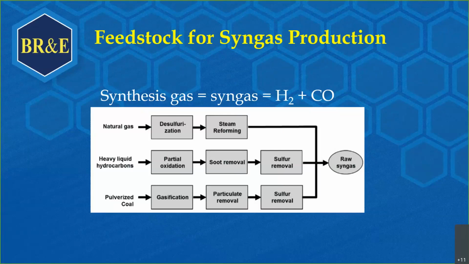The other way is heavy liquid hydrocarbons, and we'll take that to partial oxidation and then sulfur removal, lastly arriving again at our syngas. And the last one, we can take coal, take that through our coal gasification, again remove that sulfur, and we will arrive at syngas.